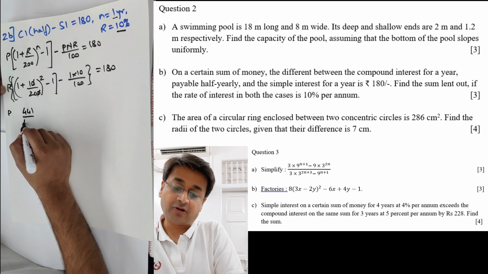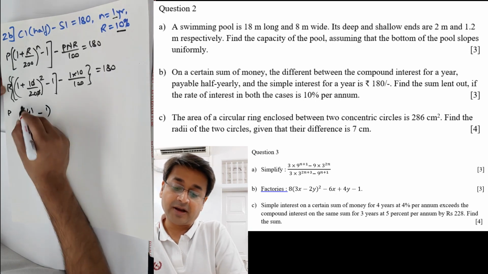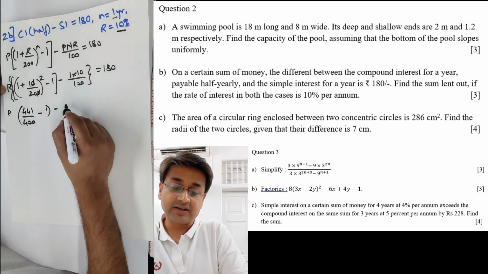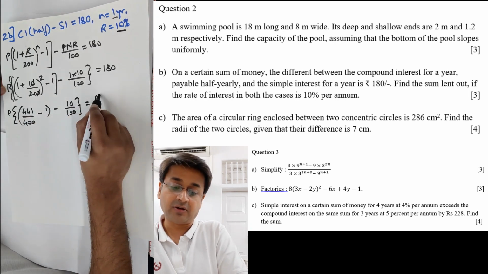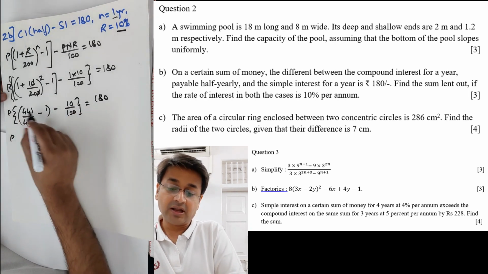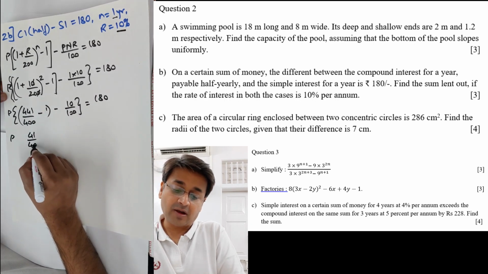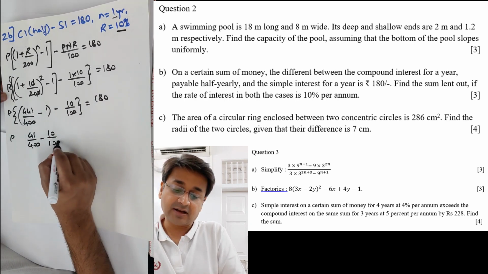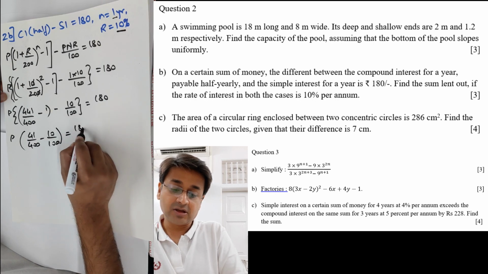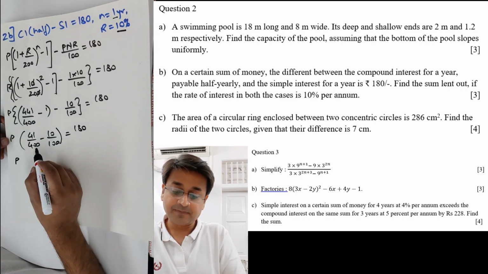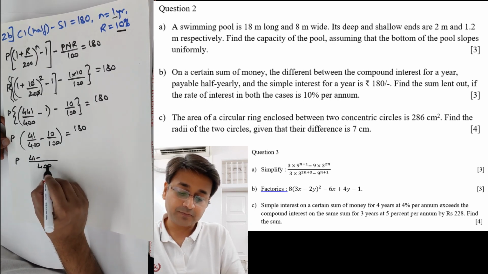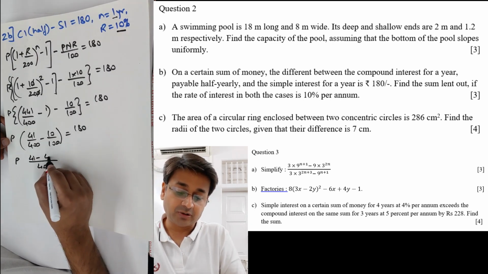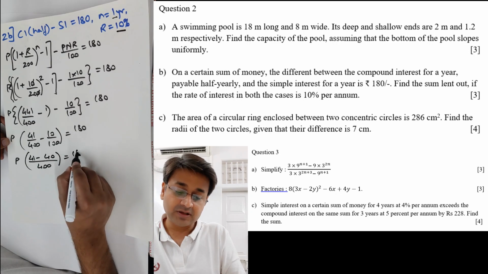So that will be 441 by 400 minus 1 in brackets, minus, let this be 10 by 100 only. Let's not get rid of the 0 right now, later we'll see. So again LCM, so it will be 41 by 400 minus 10 by 100 in brackets equals 180. So solving this, I will get this as 41 minus, LCM 400. So 2 zeros go, so 4 into 10 is 40 is equal to 180.